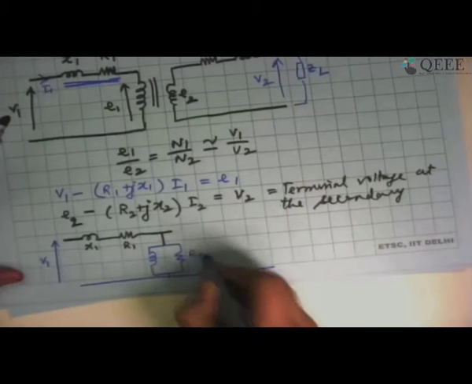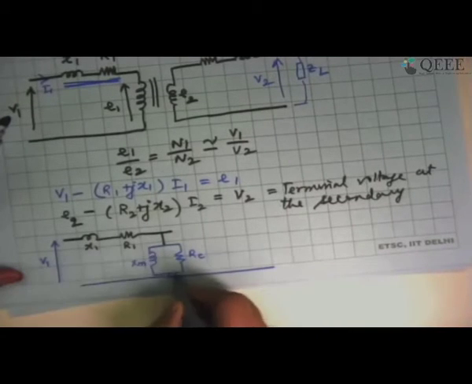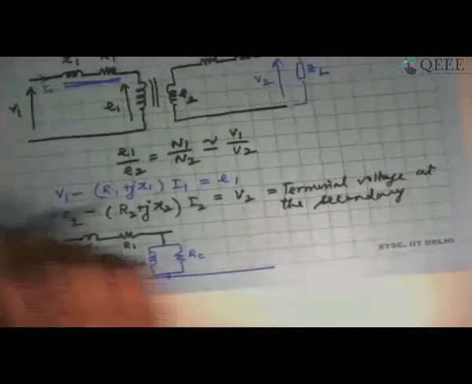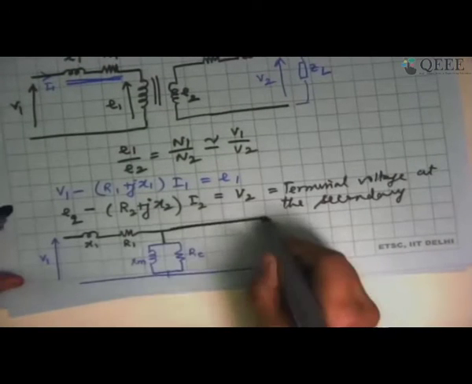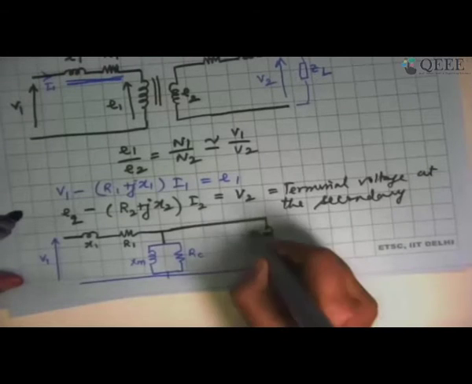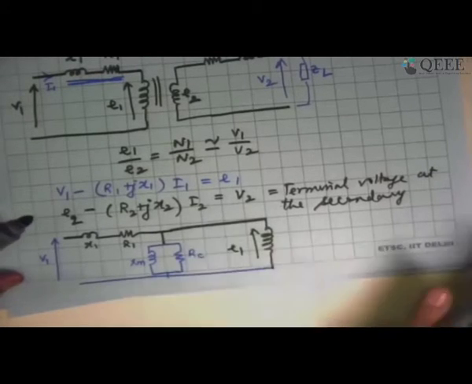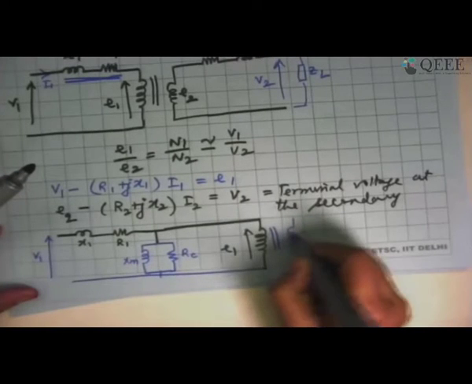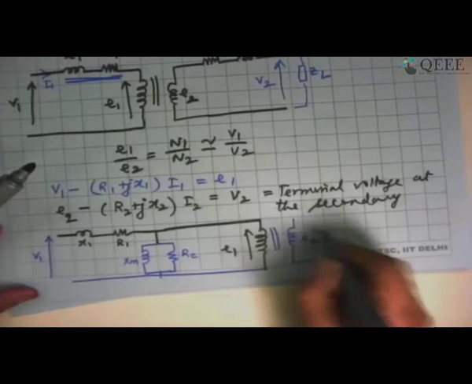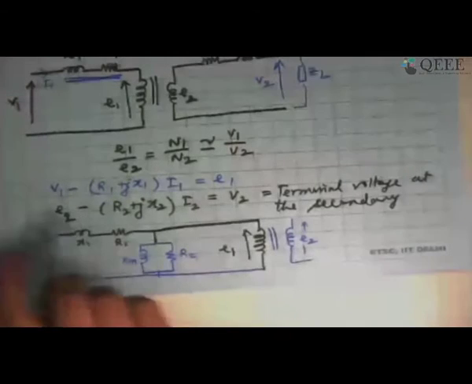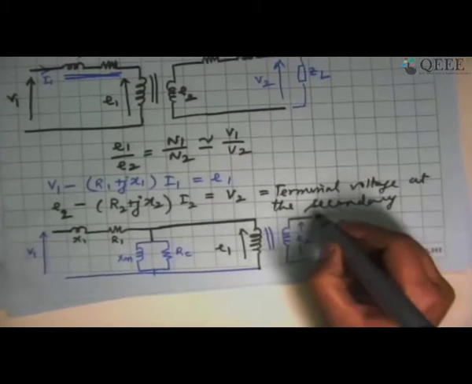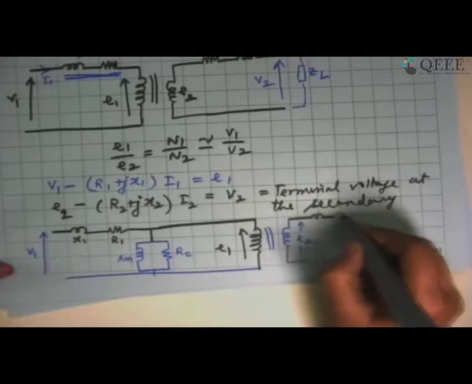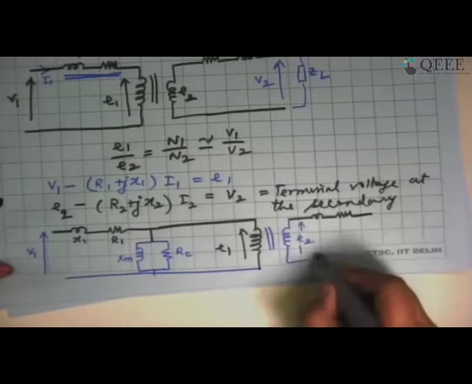Let me call this as RC. This is Xm. Now what is available is going to go towards my primary induced EMF, which is E1. Now here I'm going to have the core and I have E2 here. Now this E2 output of the secondary will be passed through the leakage reactance and resistance.